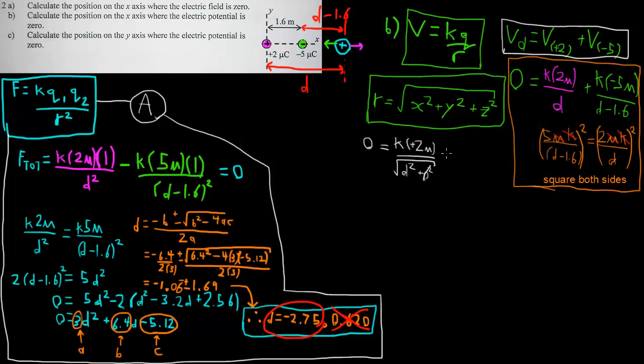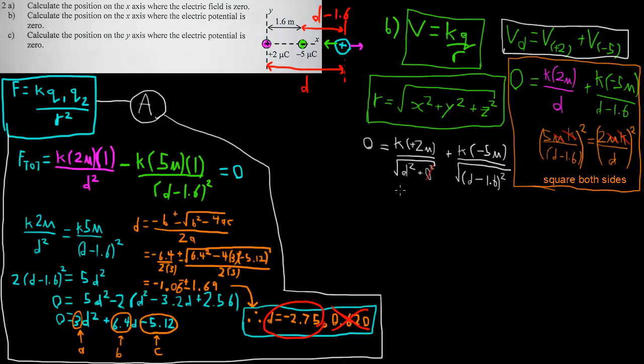So we have that, and then we also add for the negative 5 charge, 5 microcoulombs. And that, again, is going to be the square root. And then we have the x component. And what's the x component? It is the distance in the x direction from our point here to the particle, which is going to be d minus 1.6 squared, and then plus 0 again.